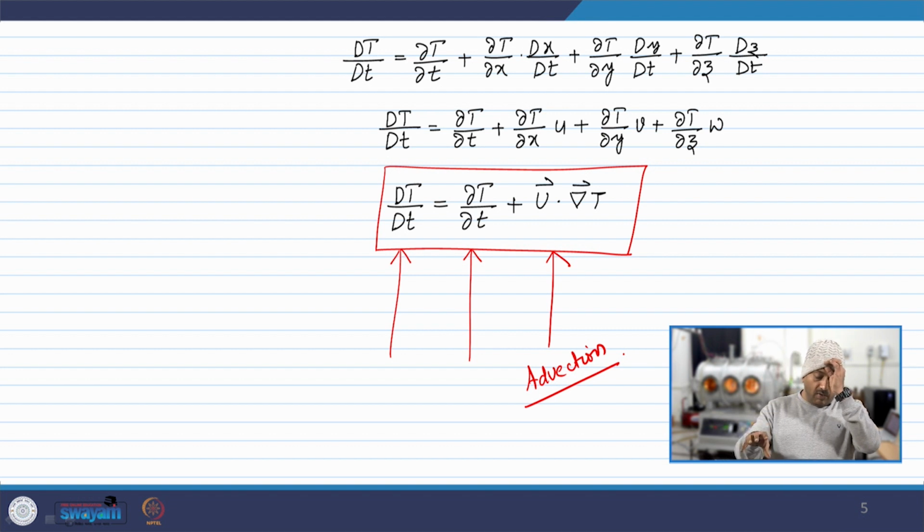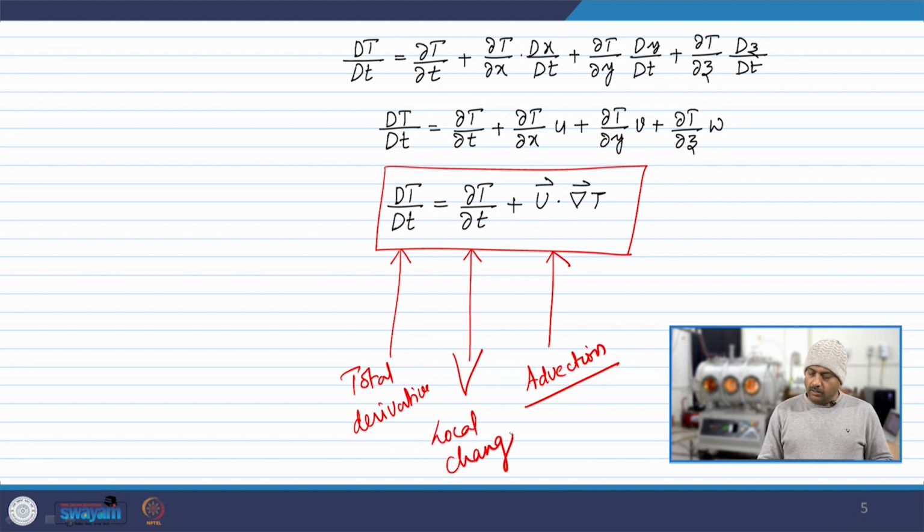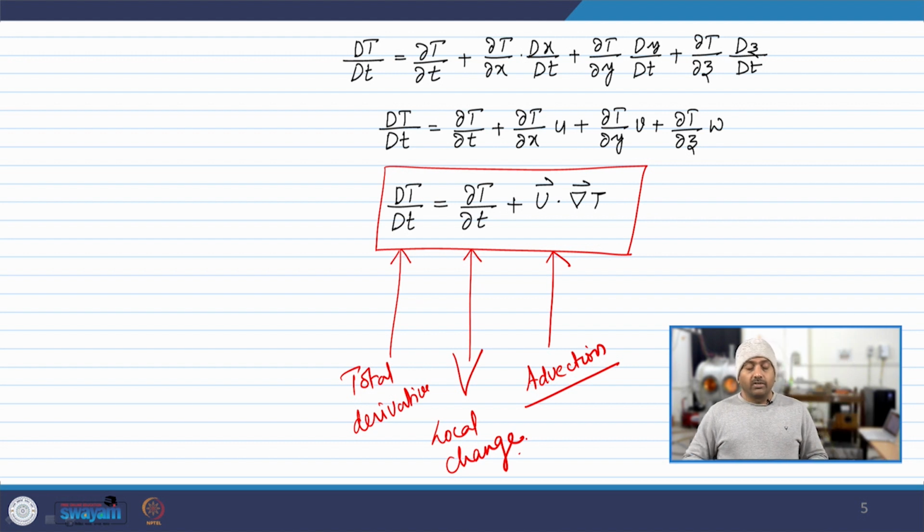So, in advection, the fluid volume is not going anywhere; rather, as the fluid that is there inside is replaced, the change in the physical quantity is given by this advection term. So, the first term is called the total derivative, total change. This one is the local change, and the third parameter is called the advection.